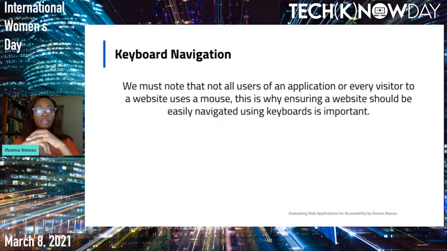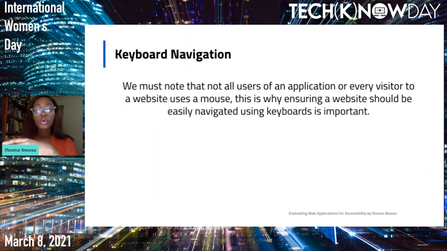Another important aspect of testing for accessibility when evaluating web applications is keyboard navigation. It's one thing for your website to work when you are using a mouse, or to be easy to scroll, or using a smartphone, and it's another thing for it to be easily navigated using a keyboard. Not everyone can use a mouse.